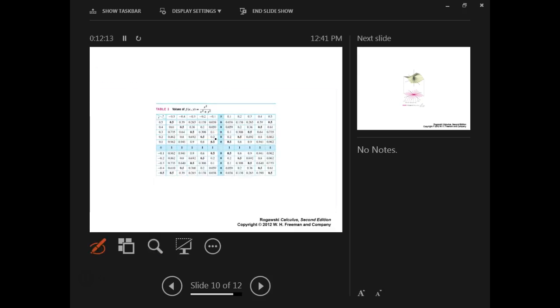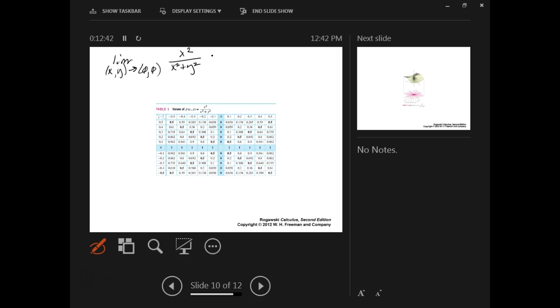What they want you to do is evaluate the limit of this function as xy approaches 0, 0. This function again is x squared over x squared plus y squared. Now, it says examine that numerically and prove that the limit doesn't exist.